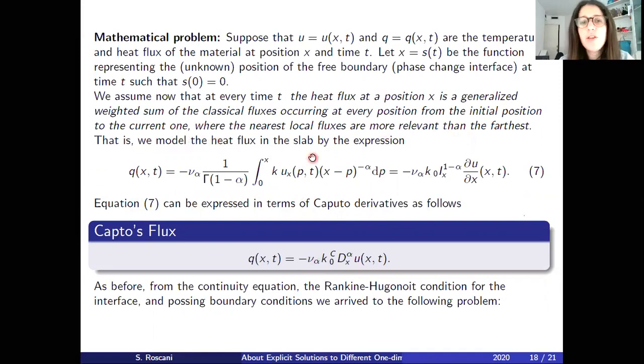We will think that at a fixed position, the flux is given by a generalized weighted sum of the flux occurring in the previous positions, starting at an initial position, and that will be proportional to our flux.